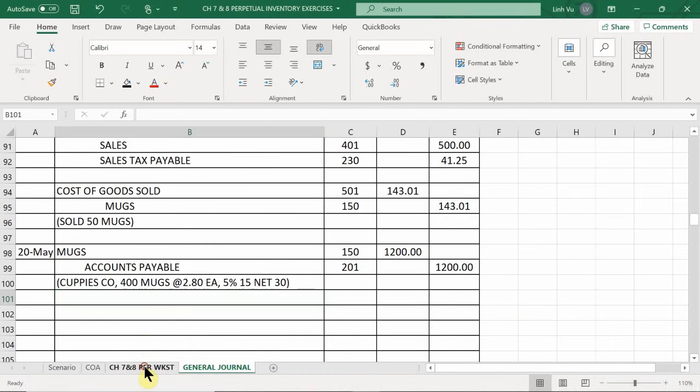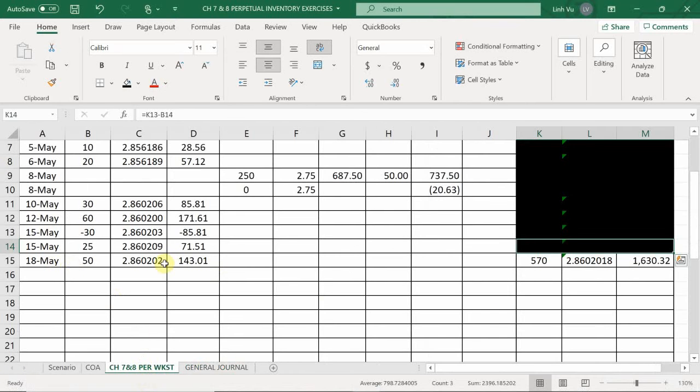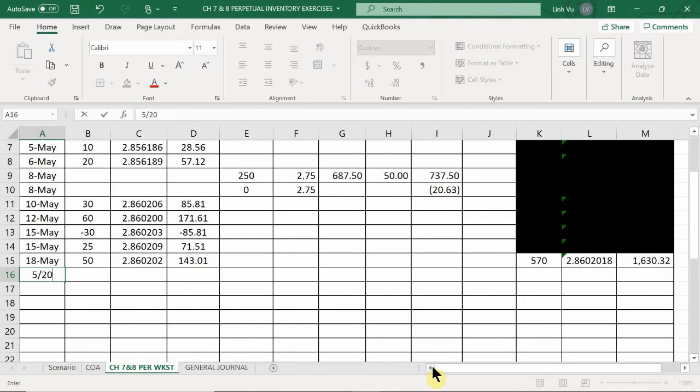We have May 20th, not June 20th, May 20th. We bought 400 items at $2.80 with a freight of $80, giving you a total cost of $1,200.